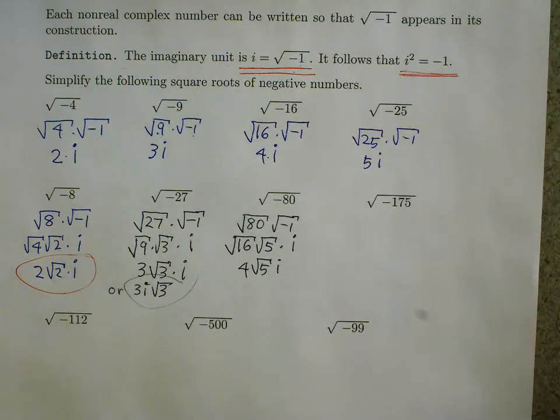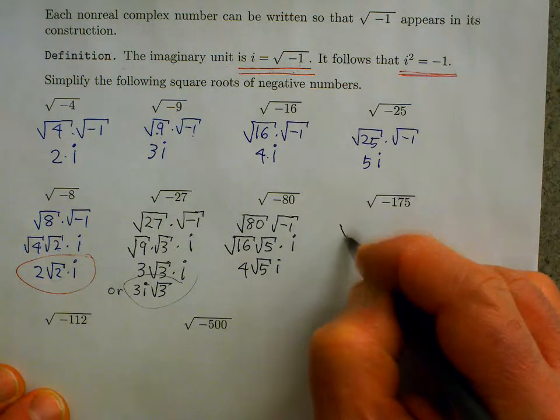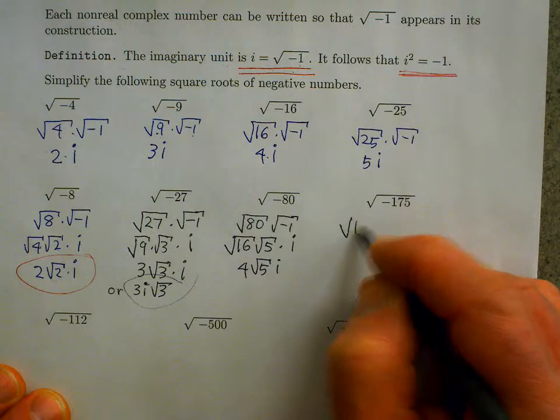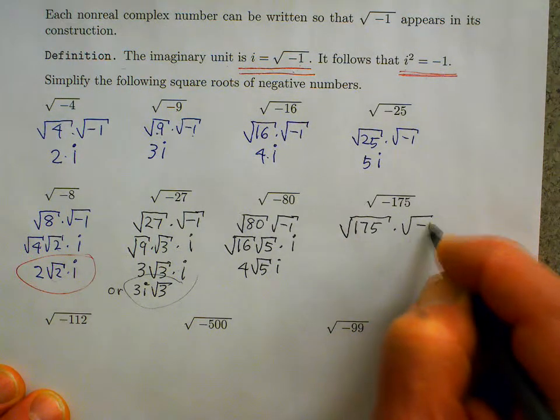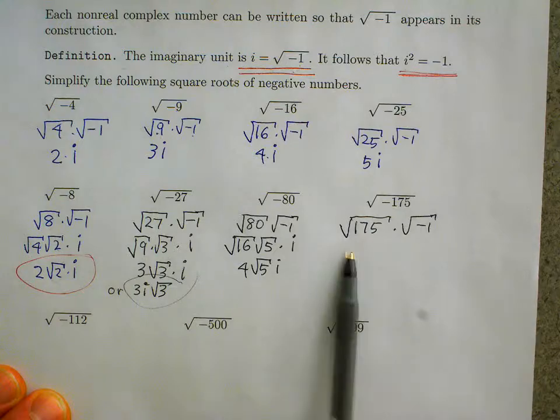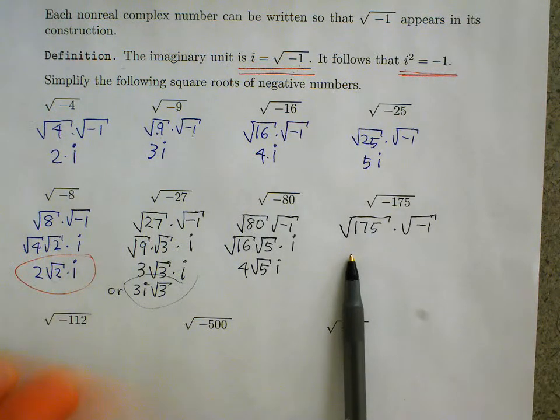Okay, so now let's just practice. If you understand the concept, the square root of -175, square root of 175 times the square root of -1. We can simplify the square root of 175.